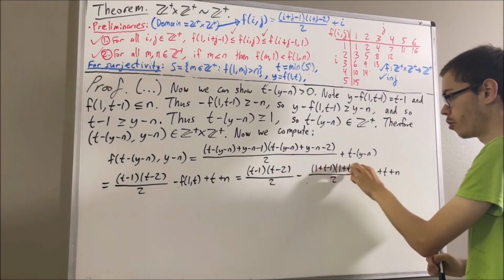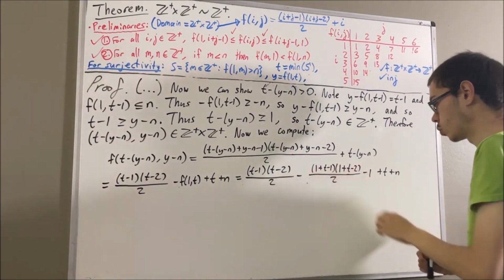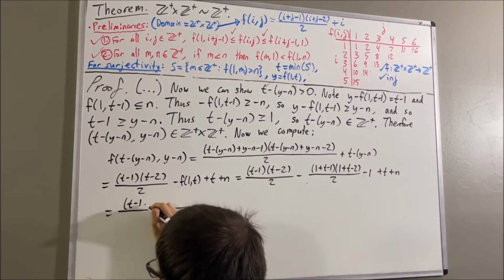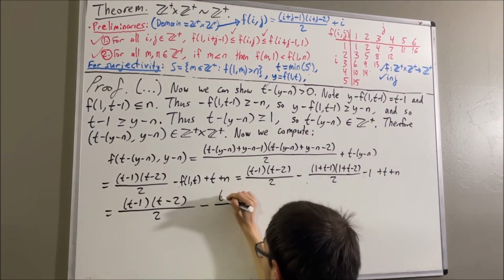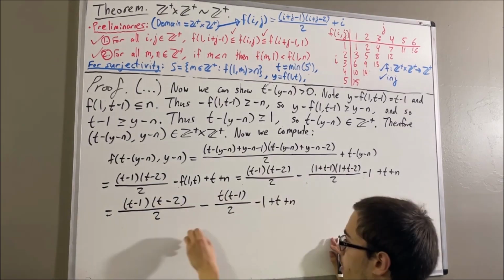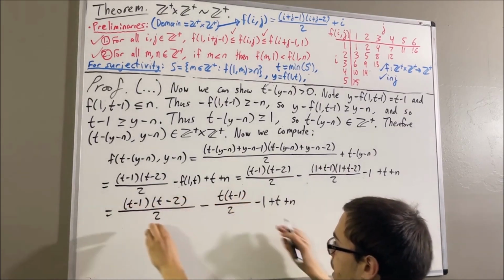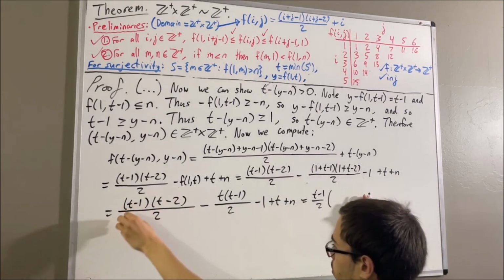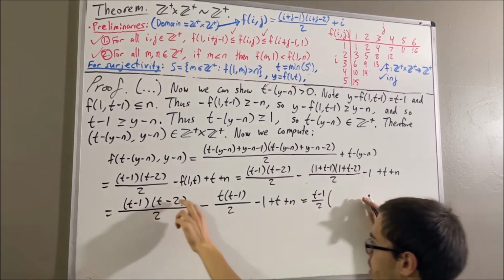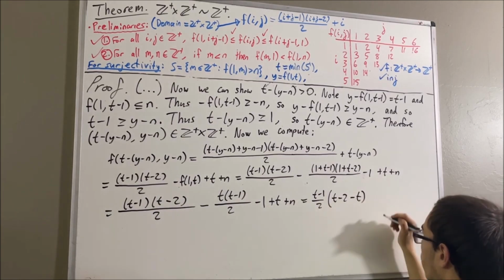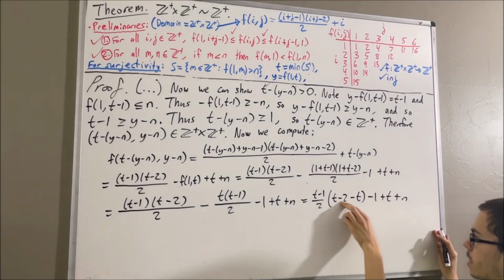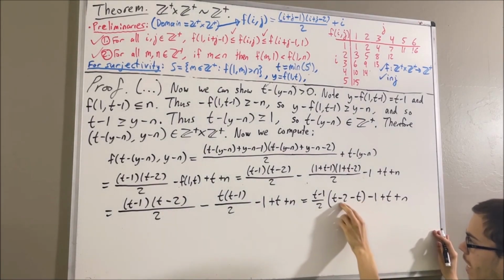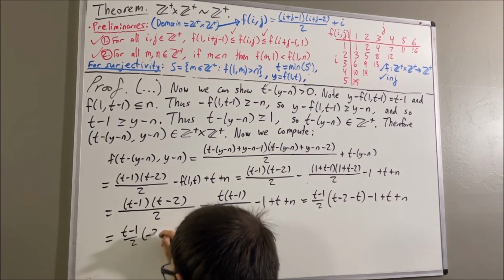And if you simplify the numerator here, you're going to get t times t minus 1. And now let's take this and factor out a t minus 1 over 2. If we do that, for our first term, we're going to get t minus 2. For the second term, we're going to get t. We see that this is just going to simplify down to negative 2.